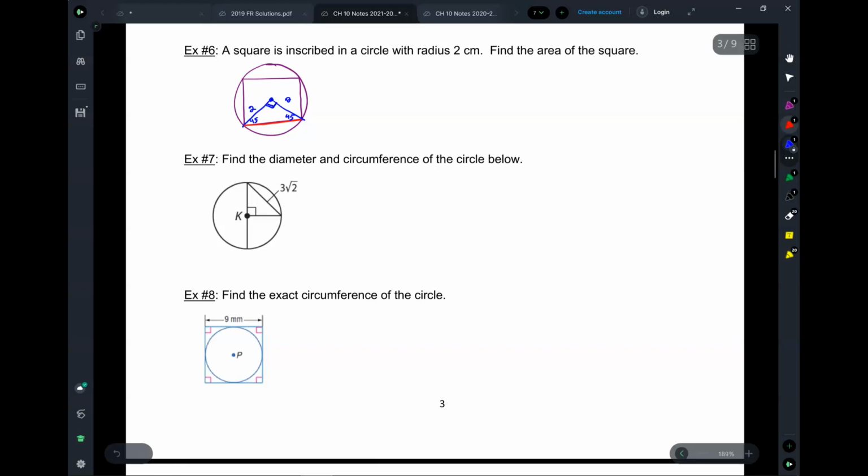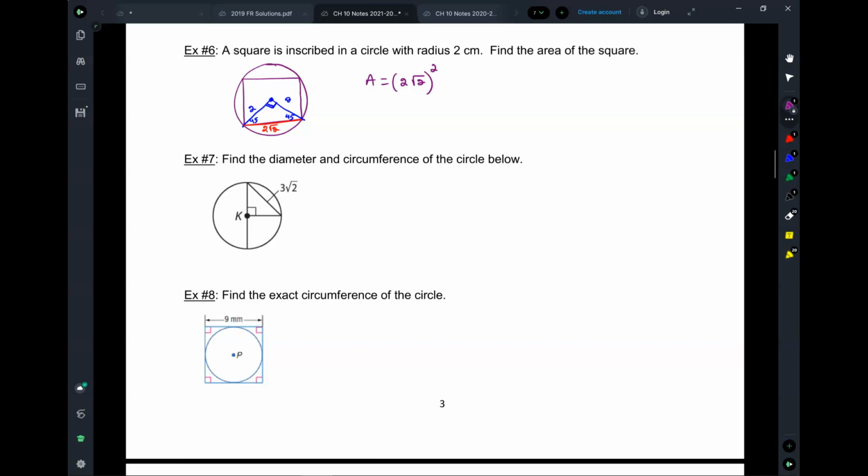And that's how quick I want you to be with that. Just like that, 2, 2, 2 root 2. So area is now 2 root 2 squared. Now, I want you to pay attention to how we square this one, because I saw this very, very commonly on the chapter 8 test.